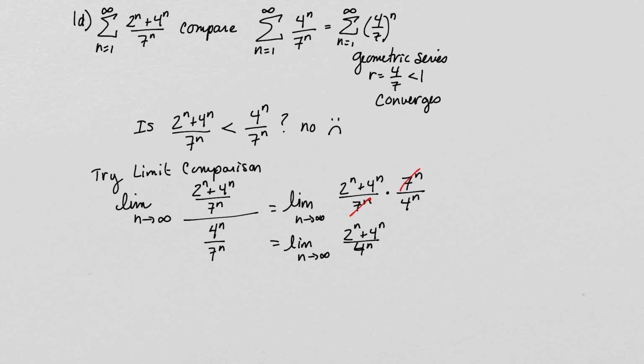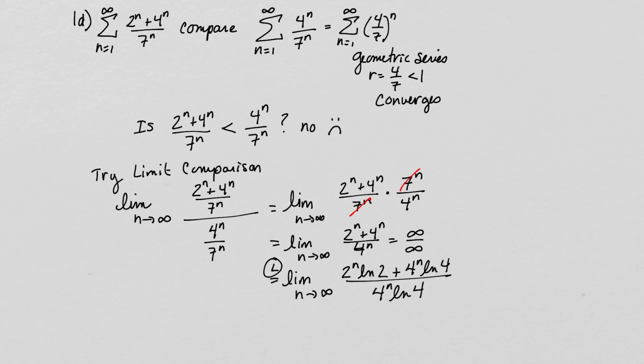That's not the nicest limit to figure out either, right? If you put in, you end up with infinity over infinity. If I do L'Hopital's rule, I end up with the limit as n approaches infinity of the derivative of the top, which is 2 to the n ln 2 plus 4 to the n ln 4, all over 4 to the n ln 4.